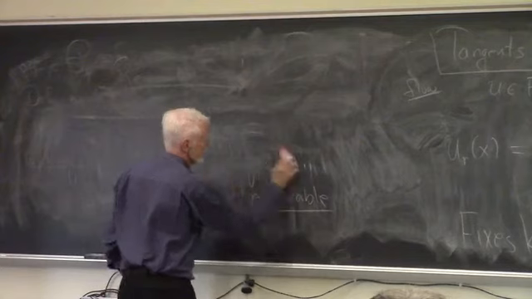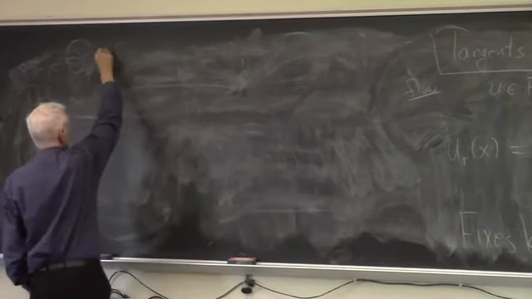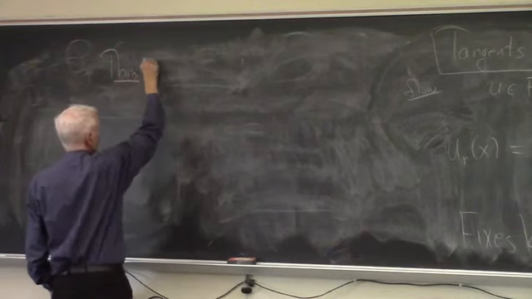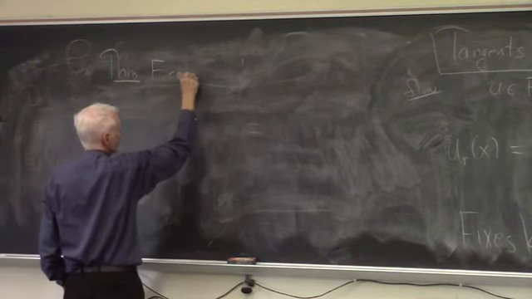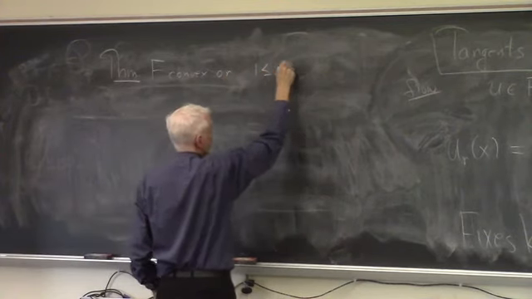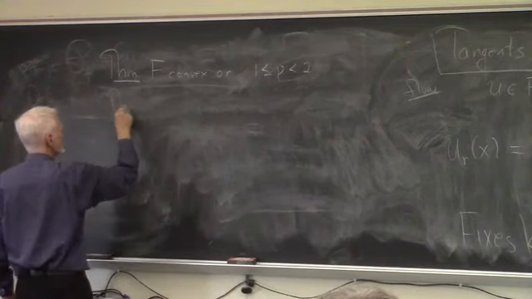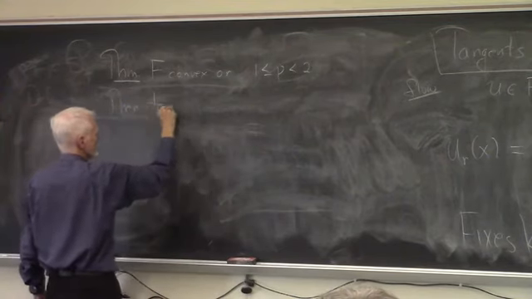Tangents always exist. So the first theorem is that if f is convex, or if the Riesz characteristic is in this range between 1 and 2, then tangents exist.